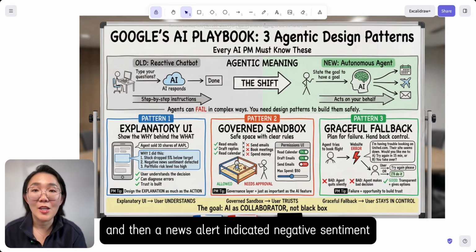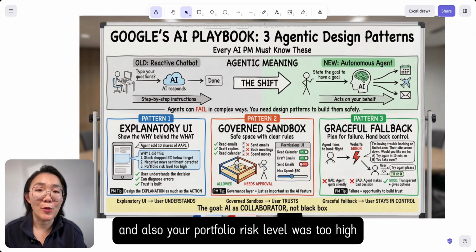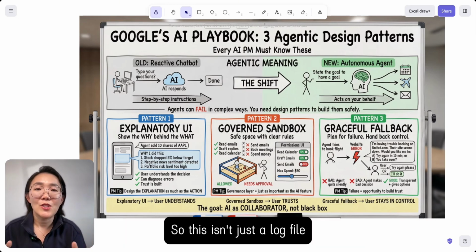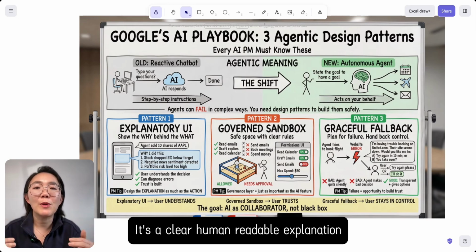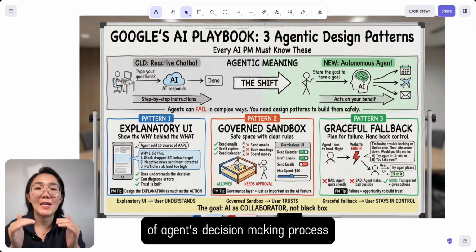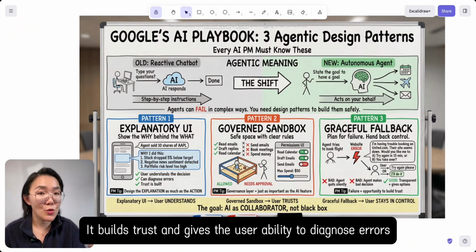And then a news alert indicated negative sentiment, and also your portfolio risk level was too high. So this isn't just a log file, it's a clear human readable explanation of the agent's decision making process. It builds trust and gives the user the ability to diagnose errors.